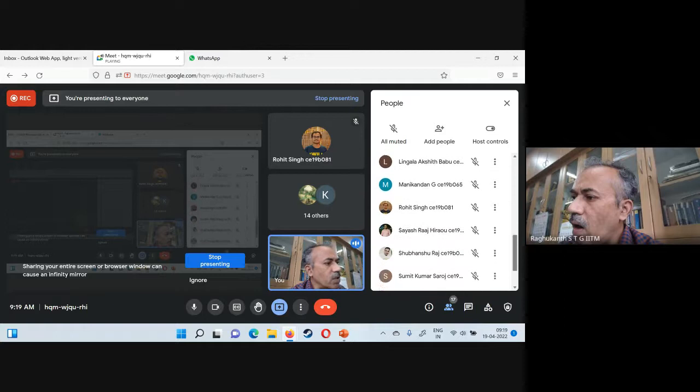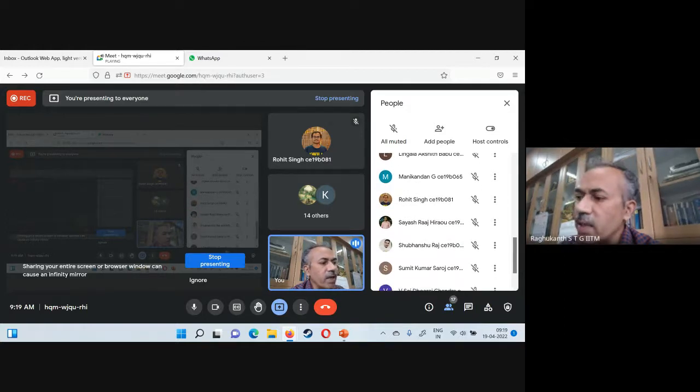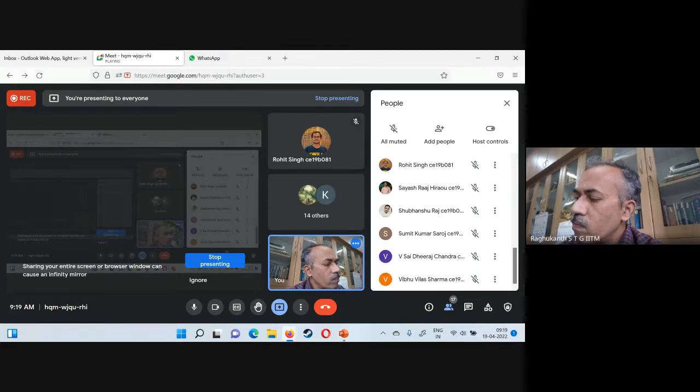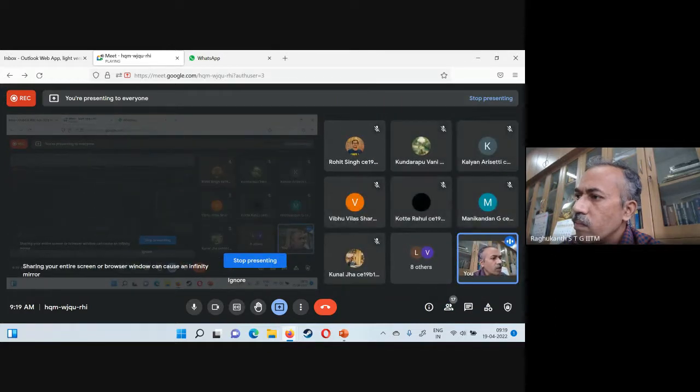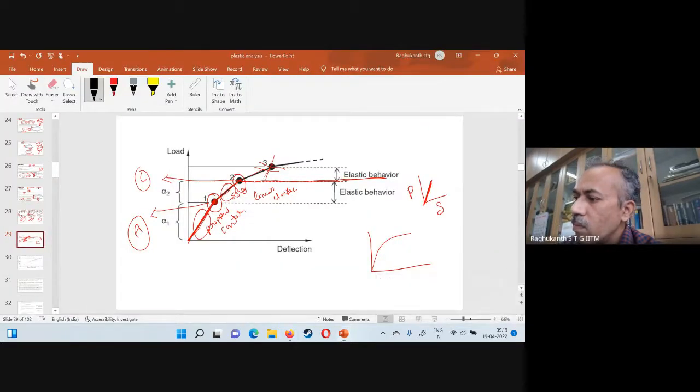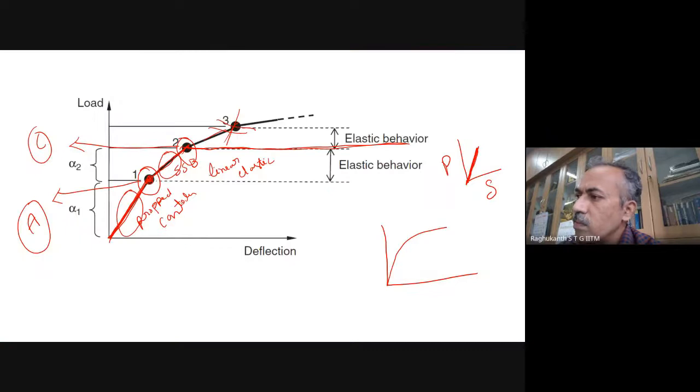Vani also is there. So what is the slope of the line? What does the slope of that graph tell you?